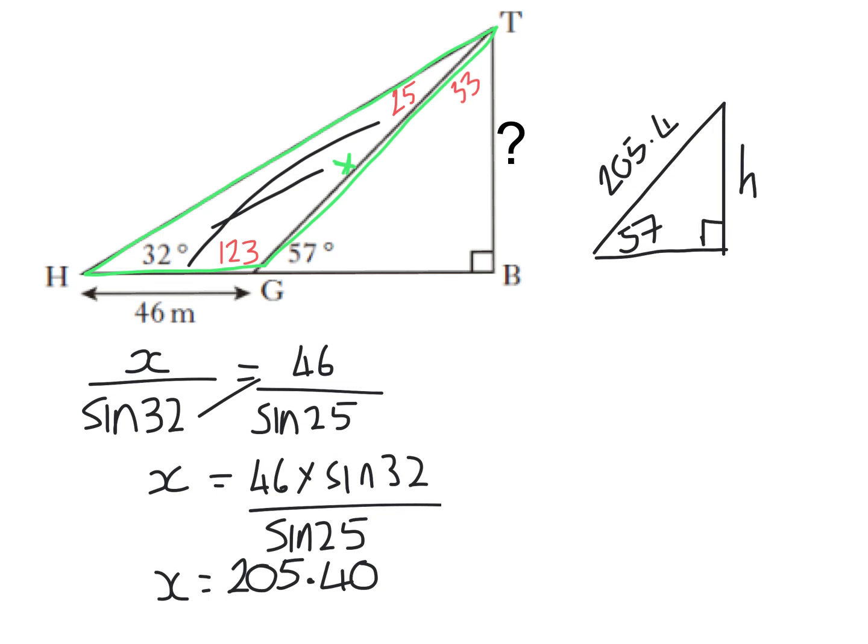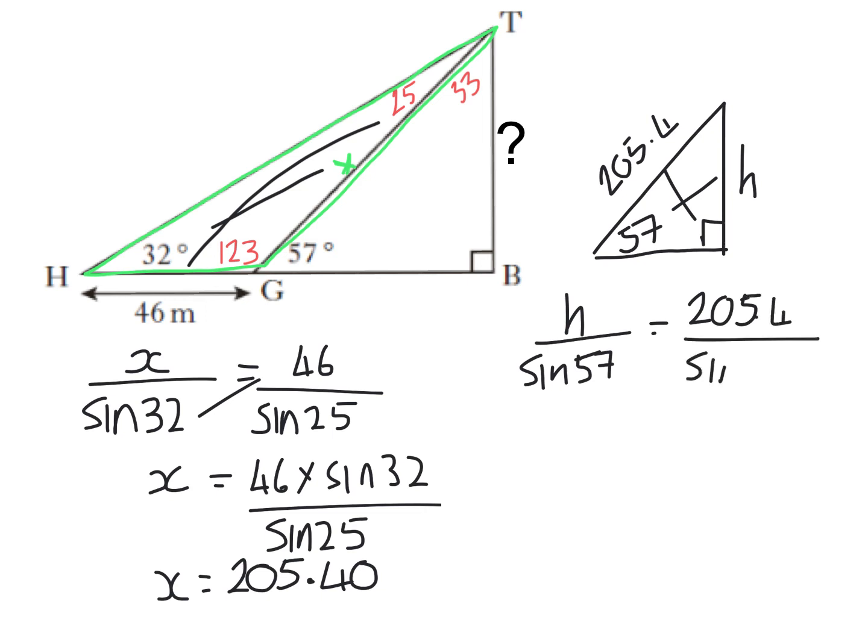So using sine rule again, it will be my unknown over sine 57, and then it will be the answer I've just worked out, 205.4 all over sine 90. Cross multiply, move up your sine 57.